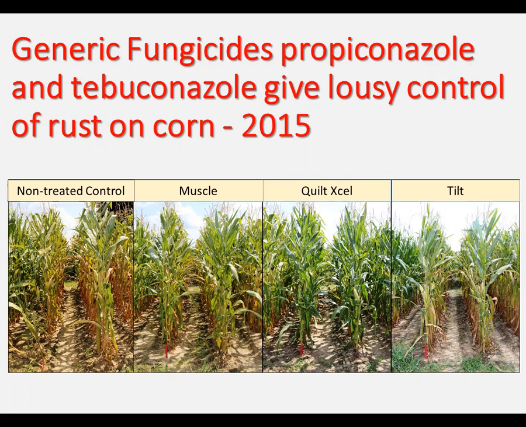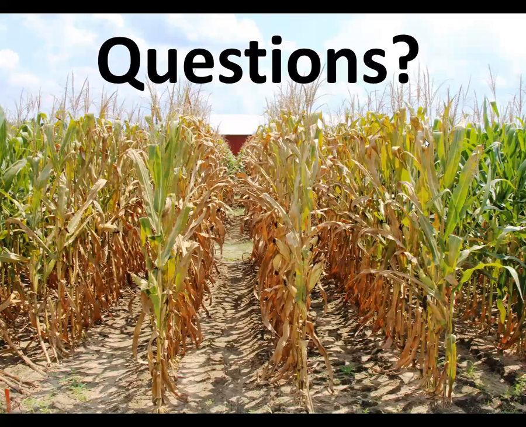That's just an indication as to how effective that product is in controlling rust. As I said before, we certainly have seen higher yields with that material than we have with either Tilt or the generic tebuconazole. So if there are any questions, I'd be glad to answer them, and we'll see how this year turns out.